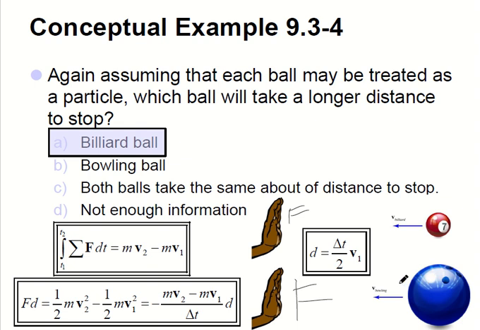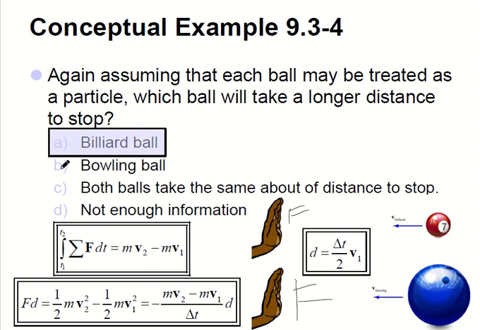So the same force here is going to take longer time and longer distance to stop if it has more kinetic energy, meaning if it is rolling faster. So your bowling ball, because it has a bigger mass, is going to travel a longer distance to get stopped.